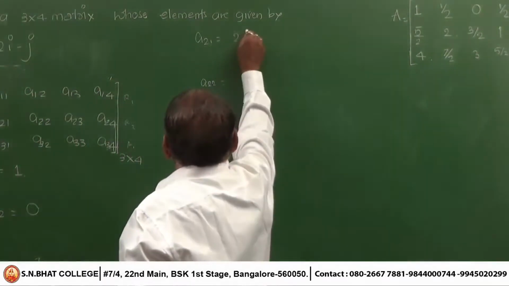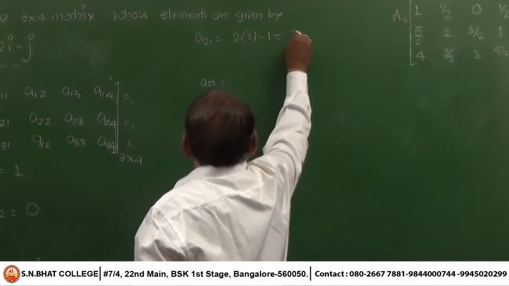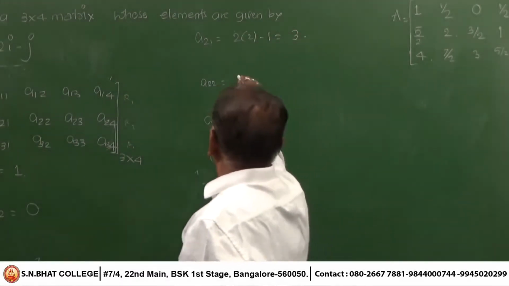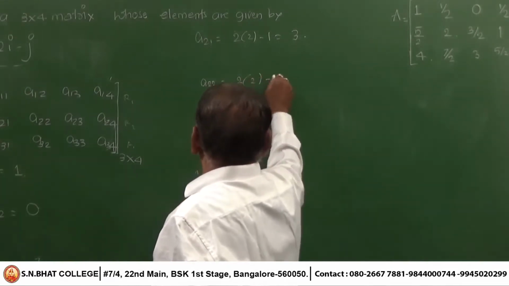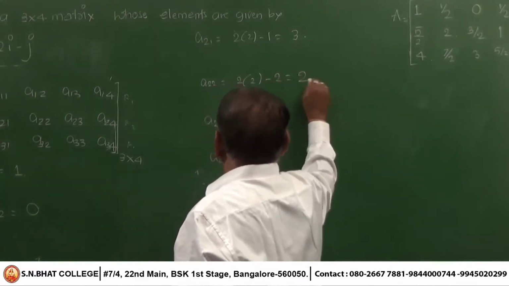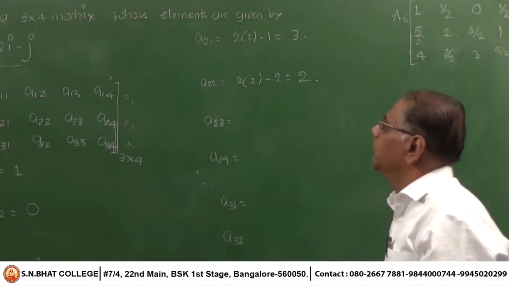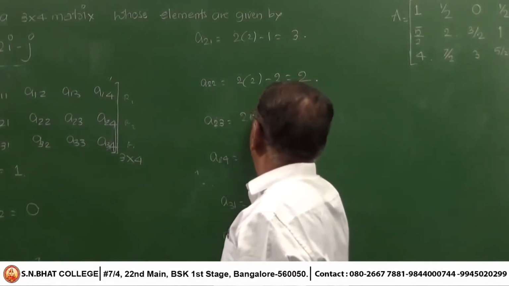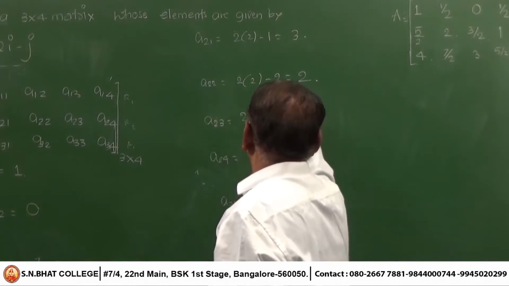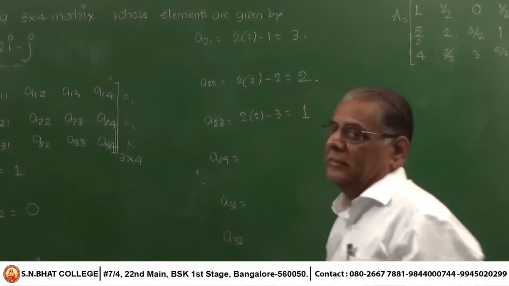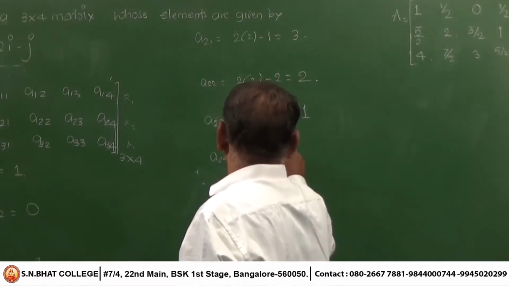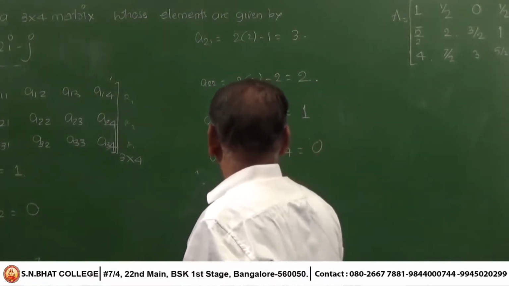A21 is 2 into 2 minus 1, which is nothing but 3. A22 is 2 into 2 minus 2, which is nothing but 2. i is 2, j is 2. A23 is 2 into 2 minus 3; 4 minus 3 is 1. A24 is 2 into 2 minus 4, which is 0.